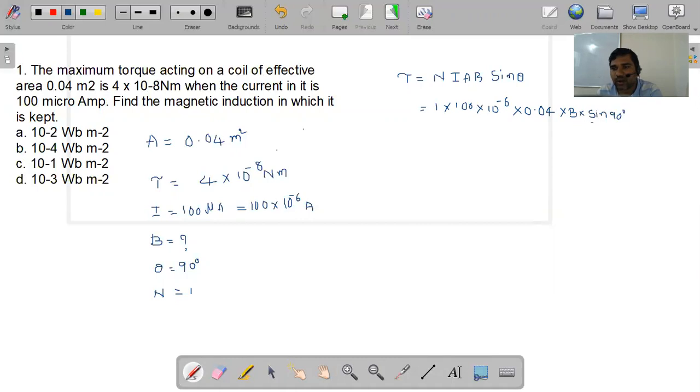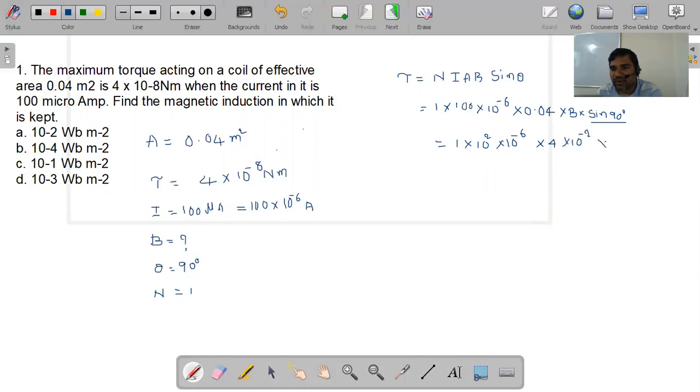Sin 90 is 1. Okay, this 100 into 10 power minus 6 can be written as 10 power 2 into 10 power minus 6. So 1 into 10 power 2 into 10 power minus 6 into 0.04 can be written as 4 into 10 power minus 2.